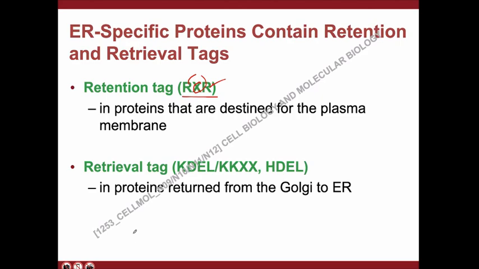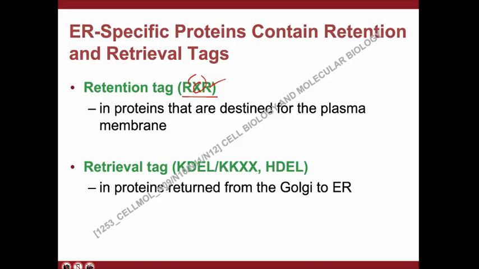Okay. While our retrieval tags are being used for proteins that are returning from the Golgi to the ER. So when this tag binds to a receptor, the receptor-ligand complex is packaged into a transport vesicle for return pabalik doon sa ER.